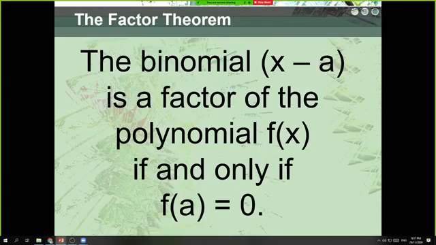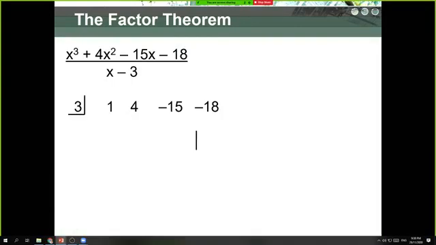So when doing the synthetic division, if you have a binomial x minus a, and you get a 0 remainder, meaning the remainder is 0, then the binomial is a factor. Okay?